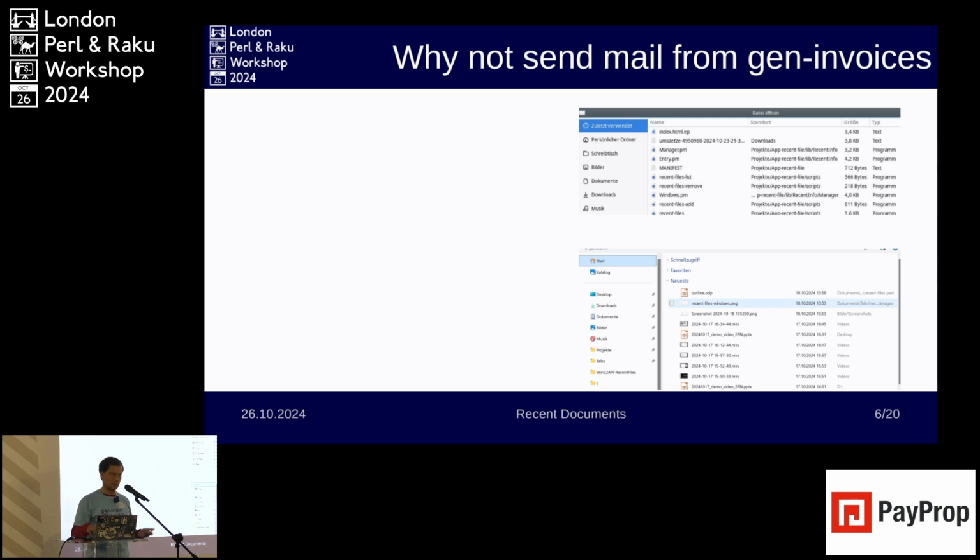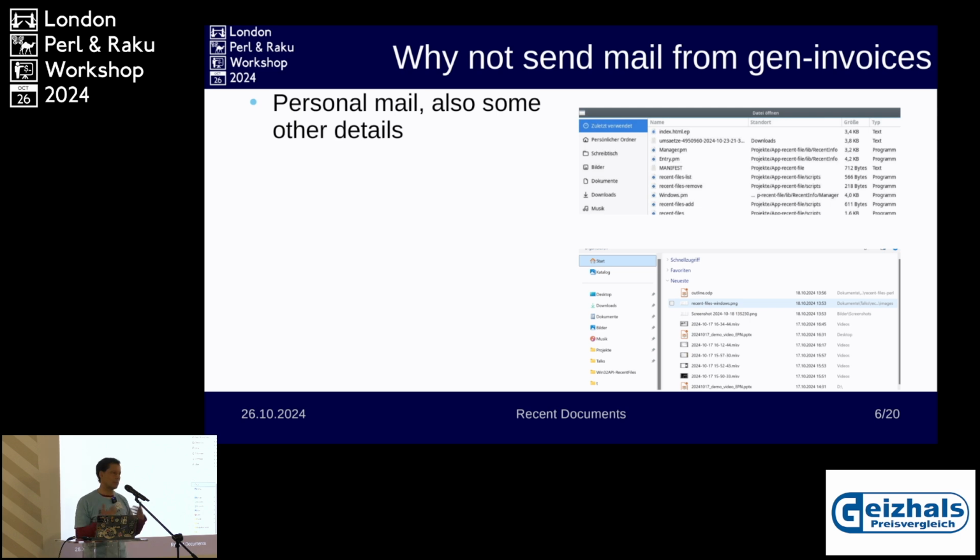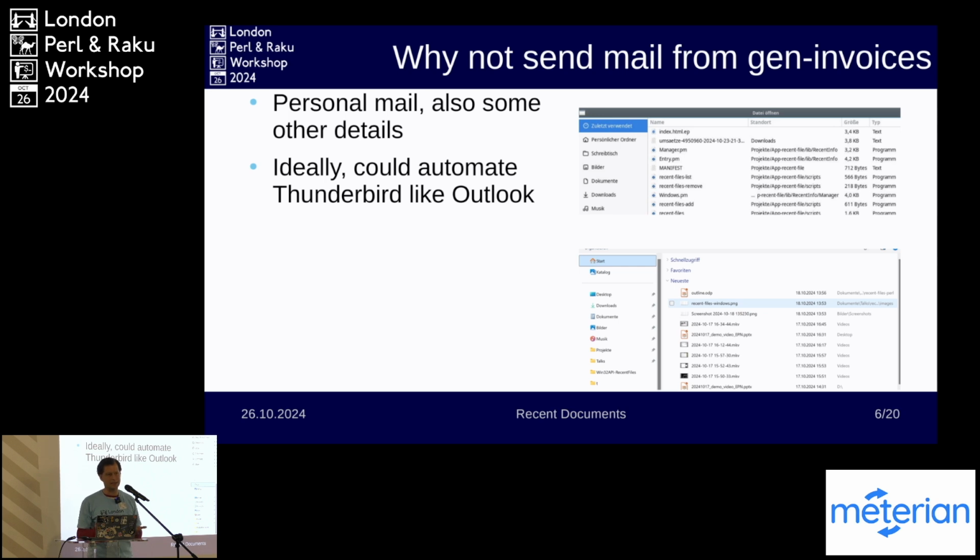Now, why do I manually attach that PDF file and not simply send it from geninvoice.pl? Well, usually I want the mail to be somewhat personal and not a form letter like the dear sir or madam, please find attached the enclosed invoice. Ideally, I would use Outlook. Then I could simply open a pre-formatted mail with the file attached, but I don't use Outlook.